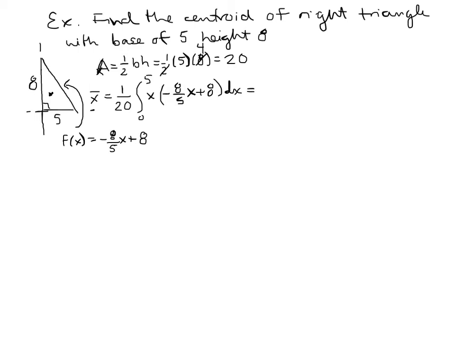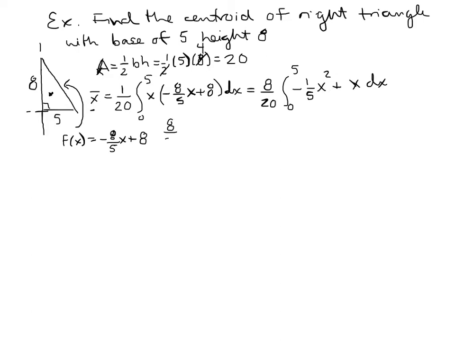So let's see, I'm going to factor out an 8/20, because I've got an 8 in both of those terms, and I'm going to multiply through by x. So I'd have negative 1/5 x squared plus x, because I factored out the 8. Now I am going to integrate.